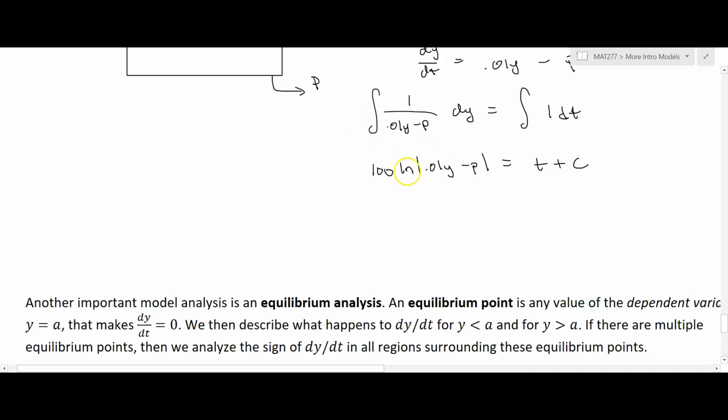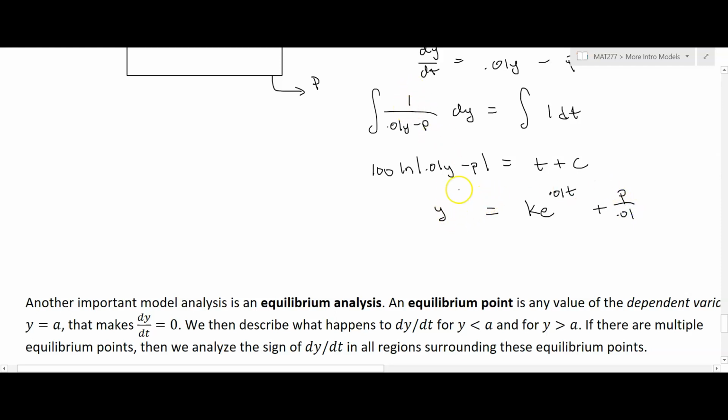And when you divide by 100, you'll have, let's see, y equals k e to the 0.01t. And let's see, then we'll add p and divide by 0.01. So we'll have plus p divided by 0.01.